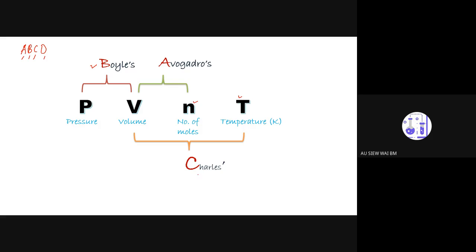For Charles' law, it relates V with T. Based on Charles' law, the volume of the gas is directly proportional to the temperature, but the temperature must be in Kelvin. So in your definition, you must say for a gas at constant number of moles or constant mass and constant pressure, the volume of the gas is directly proportional to the temperature in Kelvin.